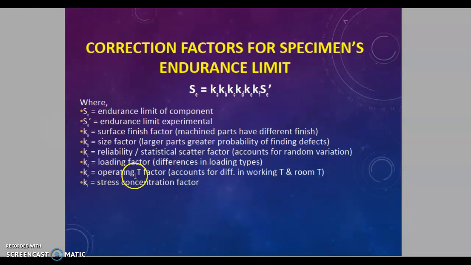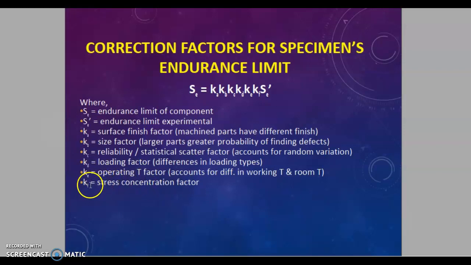Ke is the operating temperature factor, which accounts for the difference between working temperature and room temperature. Then the next factor is Kf, the stress concentration factor, related to sharp corners, which we discussed in the previous lecture.